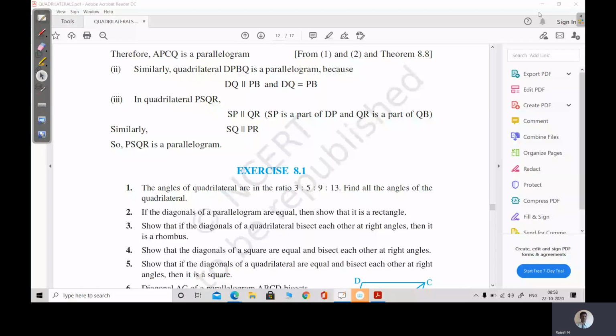So we will take a quadrilateral whose diagonals bisect each other at right angle. You have to show that it is a rhombus.